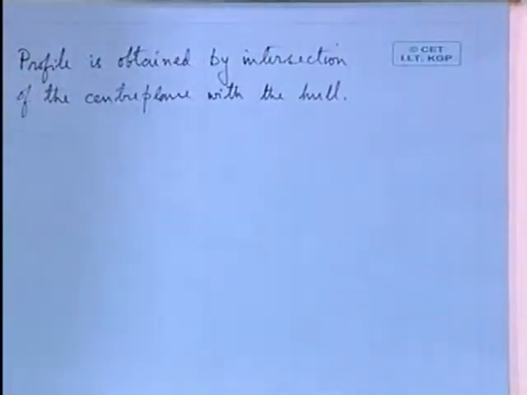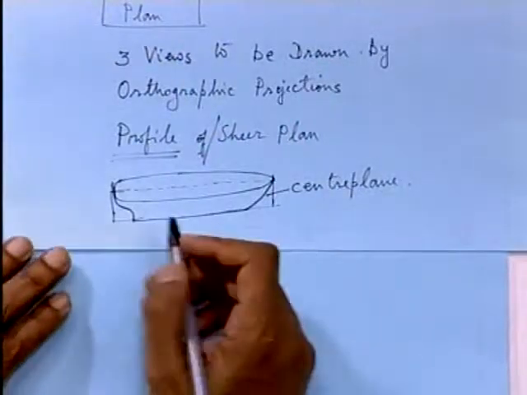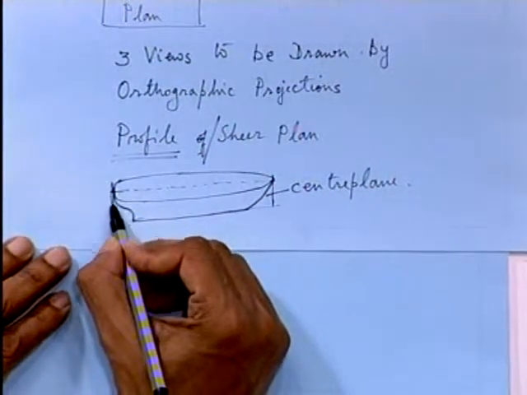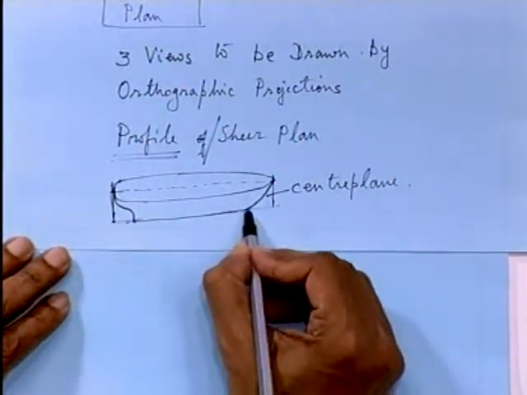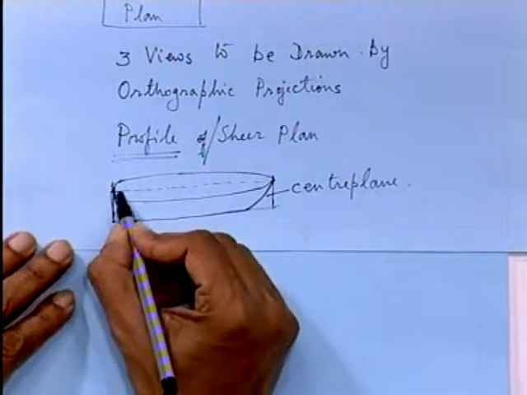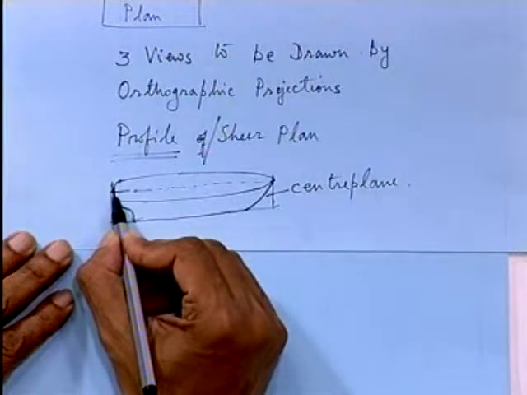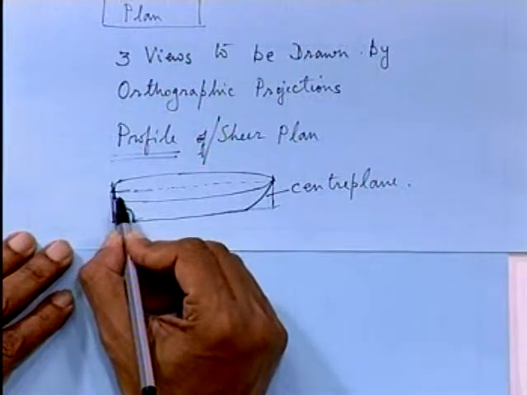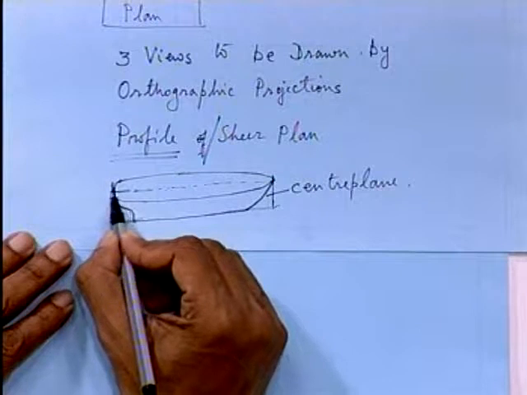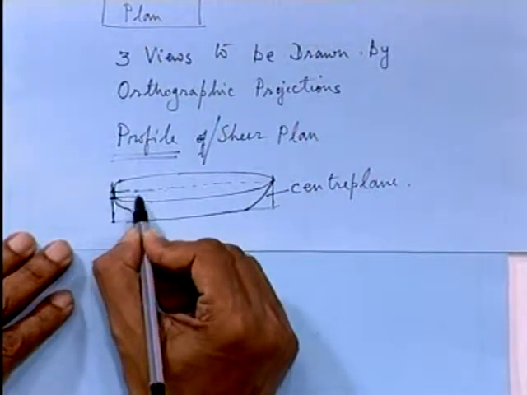And let's come back to the three-dimensional view once again, where I have shown the intersection of the center plane with the ship itself. Now, what is done, you will find if you take the vertical longitudinal plane at some distance from the center plane and again make an intersection.